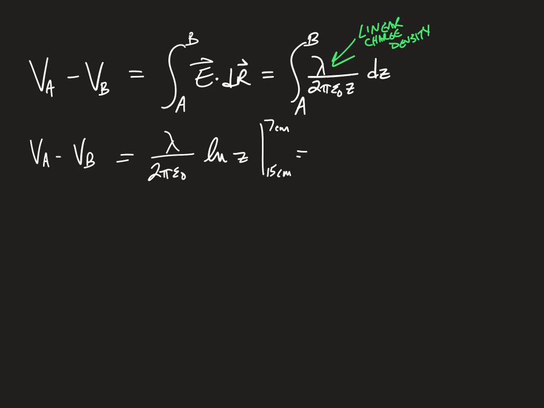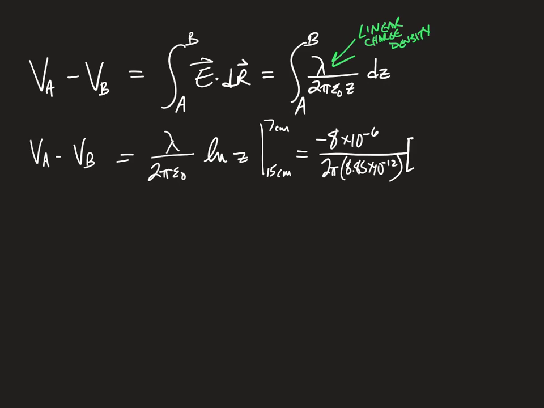And so this works out to, if we go back to the problem statement, which you don't have in your view, the linear charge density was a negative 8 times 10 to the minus 6 coulombs per meter. 2 pi is what it is. Epsilon naught, 8.85 times 10 to the minus 12 something or others. Not as important.